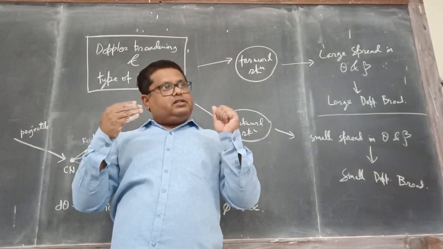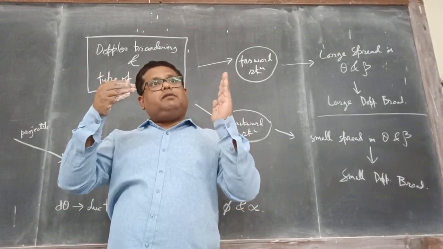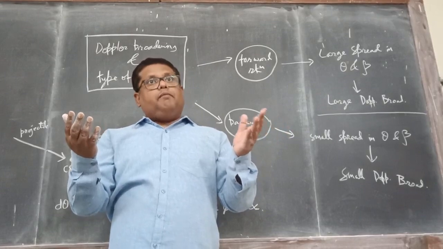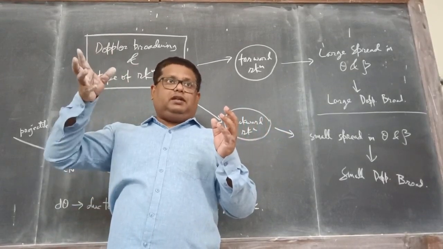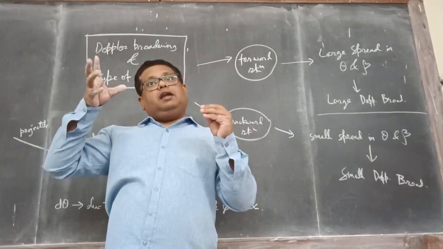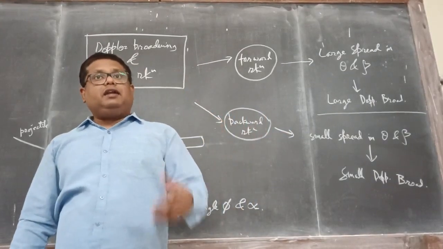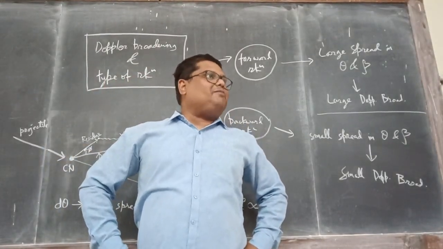In a forward reaction, the mass of the projectile is lower than the mass of the target. This is what we normally do, right? But in a backward reaction, the mass of the projectile is larger than the mass of the target itself. In classical mechanics, in class 11, you have done this center of mass problem.